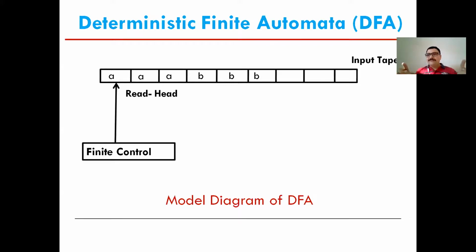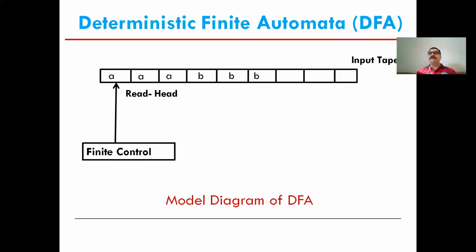The input tape is divided into equal size blocks, and these blocks are called cells. At a time, one input symbol is stored in a particular cell. And the job of the head is to read the symbol from the cell. At a time, it can read only one cell, a single input.